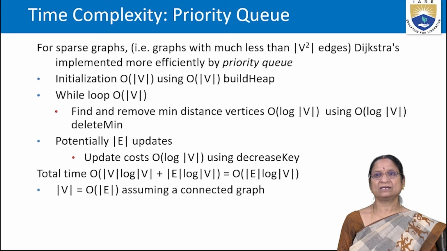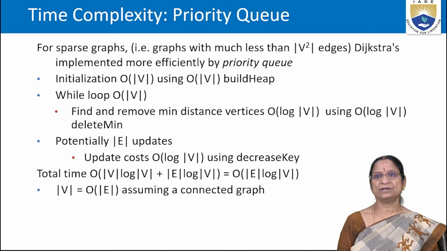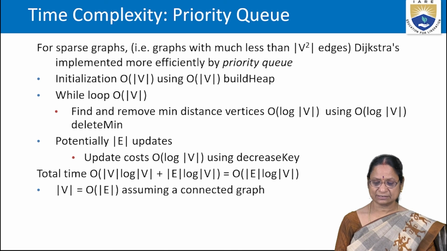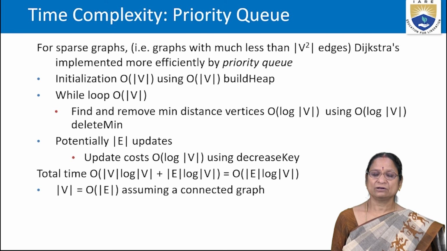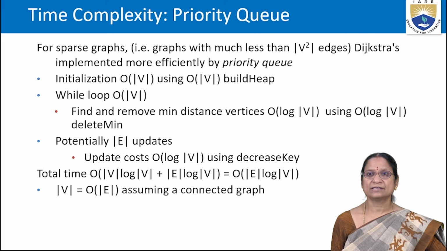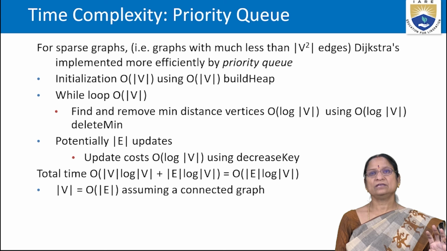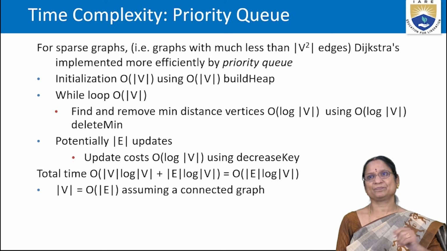This is approximately equivalent to mod e log v, because mod e is larger, so mod e log v can be considered as the total time complexity. Assuming a connected graph, as we discussed earlier, e is equal to v square, so log e is equal to 2 log v, so log e can be considered as log v also.